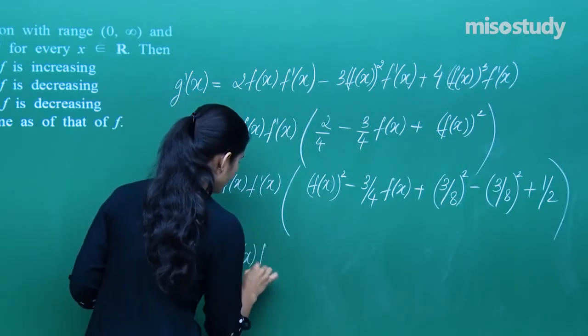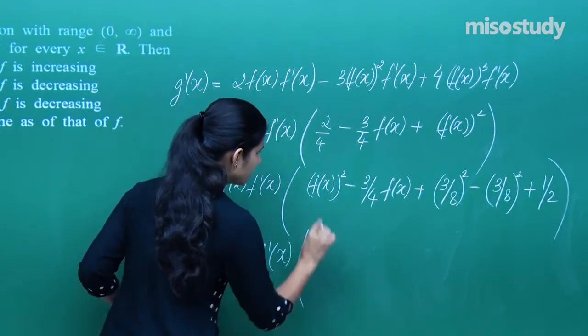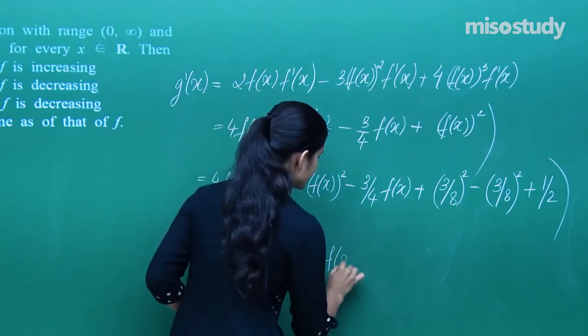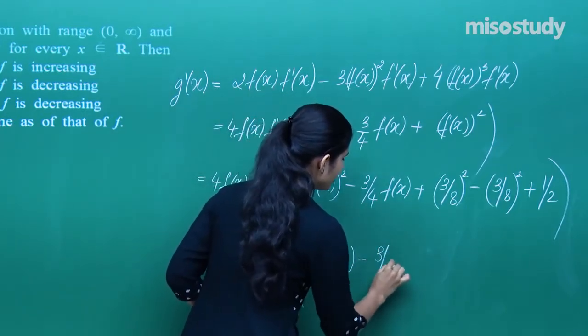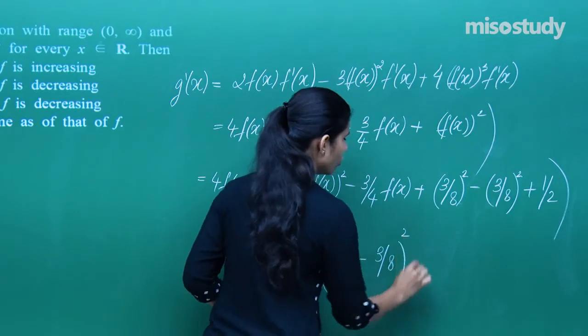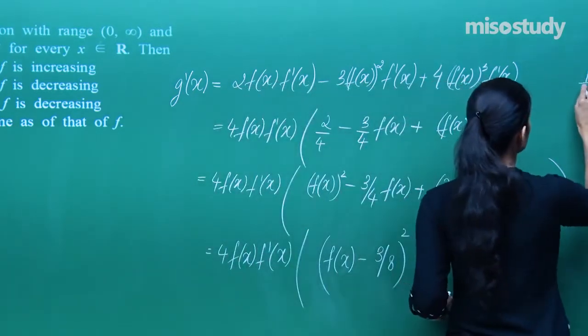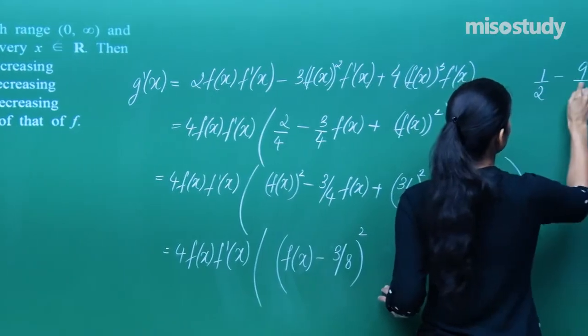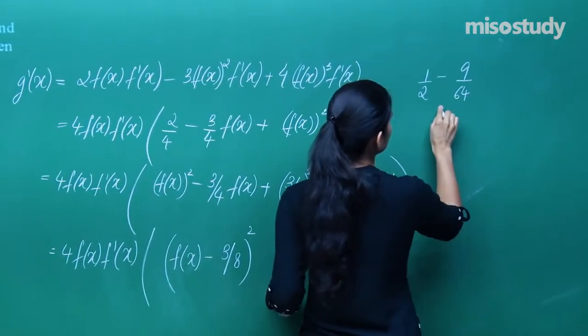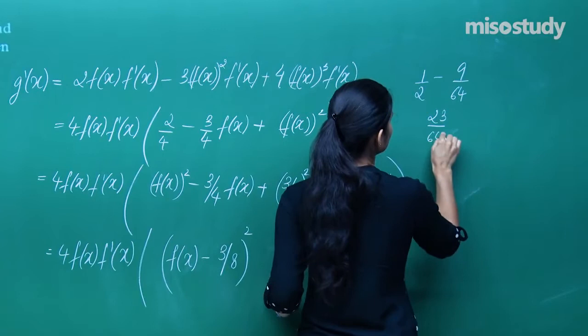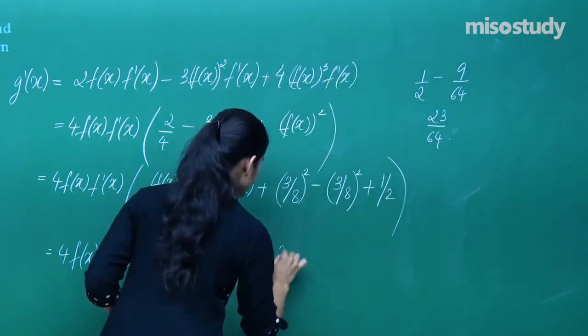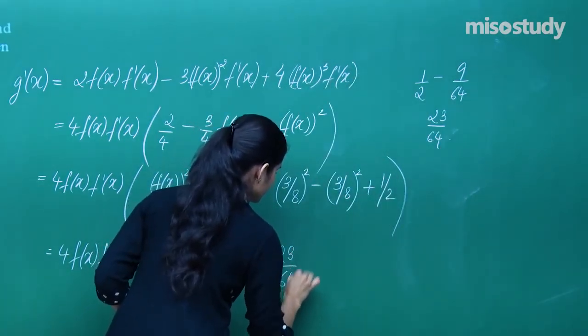So this gives you 4f(x)f'(x), inside you have f(x) whole square minus 3/4 f(x). Let's complete the square: plus 3/8 whole square minus 3/8 whole square plus 1/2. This gives you 4f(x)f'(x), and this is f(x) minus 3/8 whole square. Then 1/2 minus 9/64 is 23/64, so you get plus 23/64.